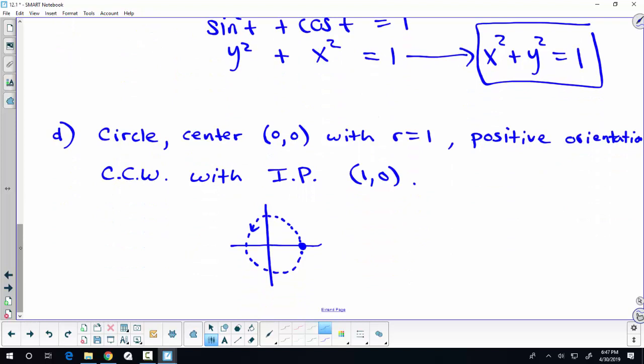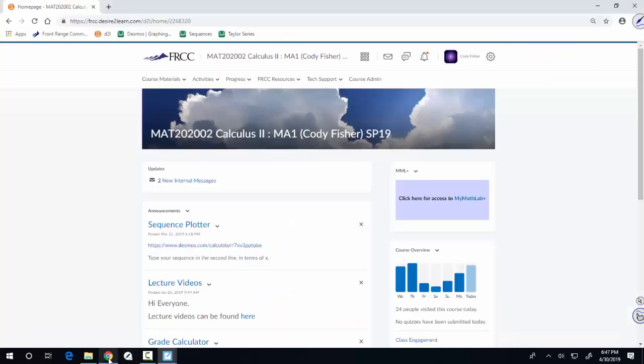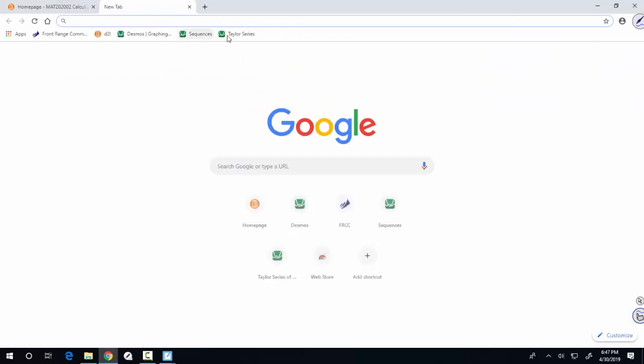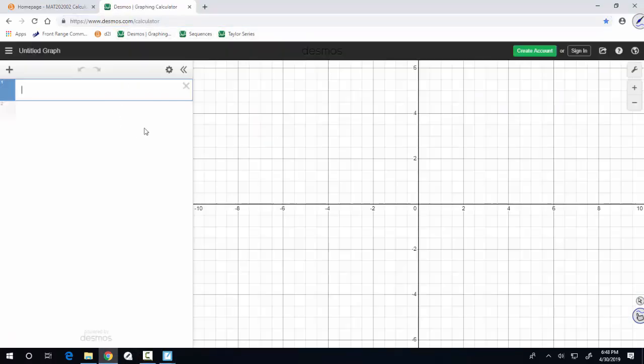We can see this. There might be other ways to plot this in Desmos, but we're going to pretend we plot a point where the x coordinate is cosine t and the y coordinate is sine of t.